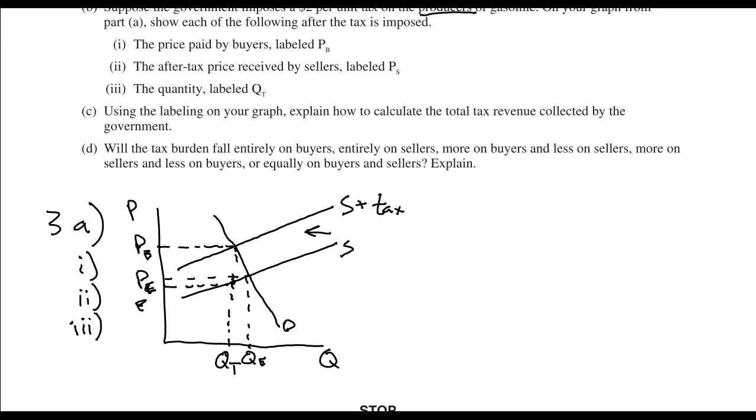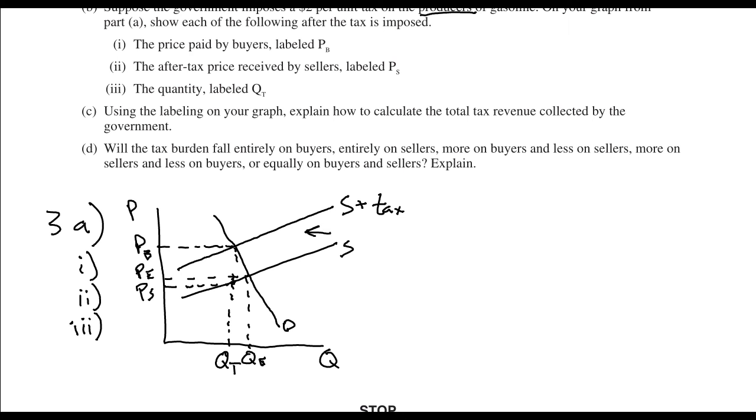P sub S, and actually there's not a lot of space there. I think what I'm going to do, whoops, that was supposed to be my eraser, is erase those two, and put P sub E and P sub S there. A little more clear to read.